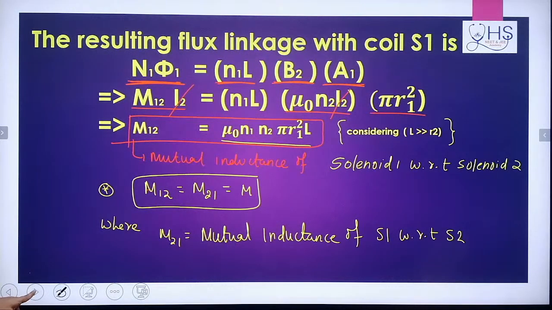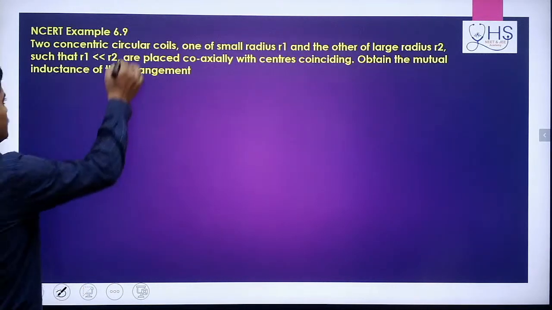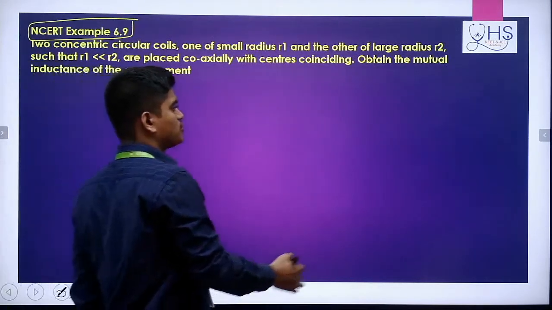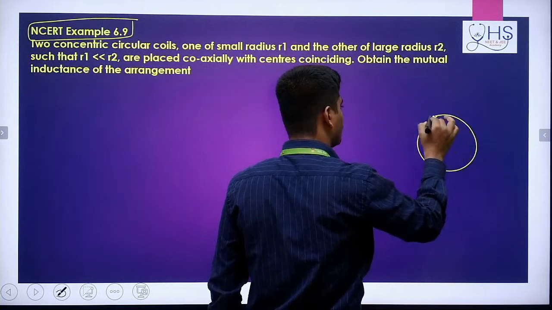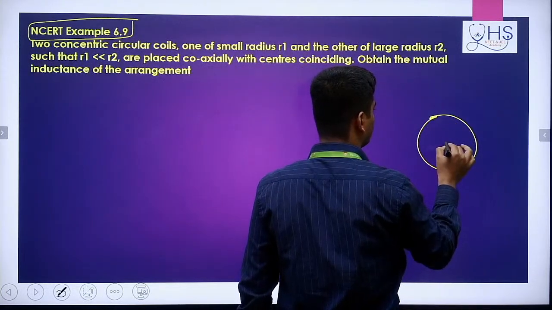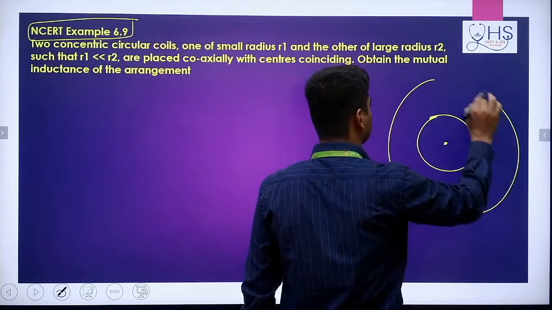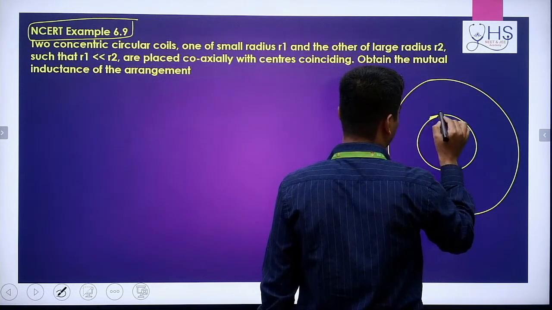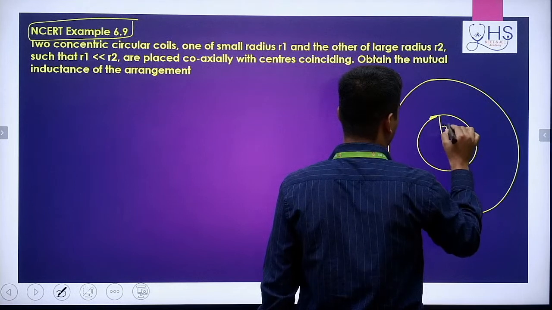Okay. Now here, example 6.9, try to understand: two concentric circular coils. So two concentric circular coils are there. One is C1 and another is C2. Coil 1, its radius is R1.